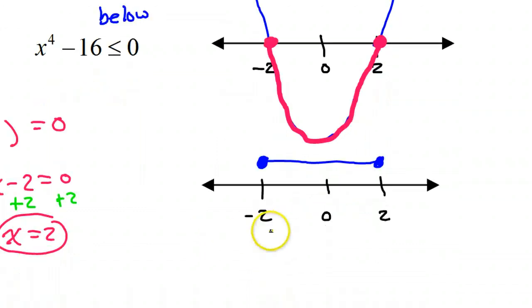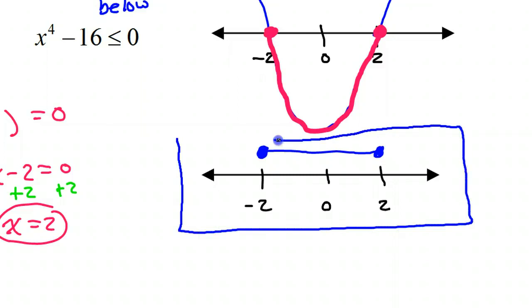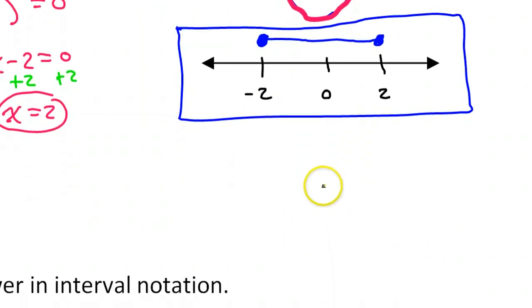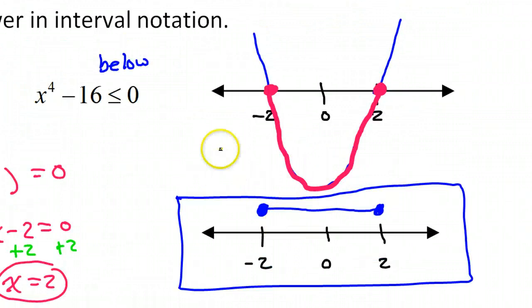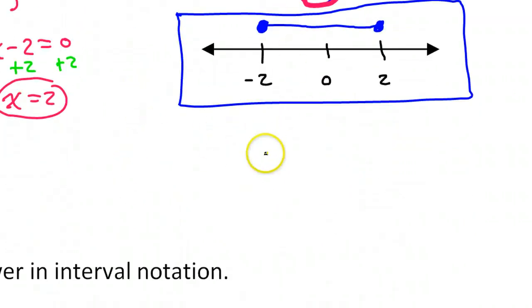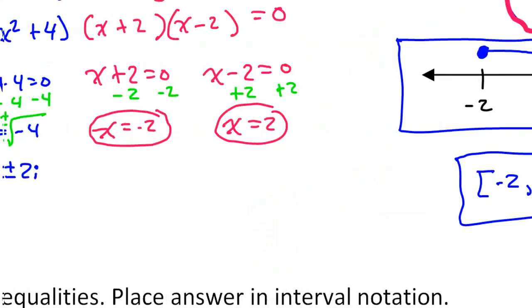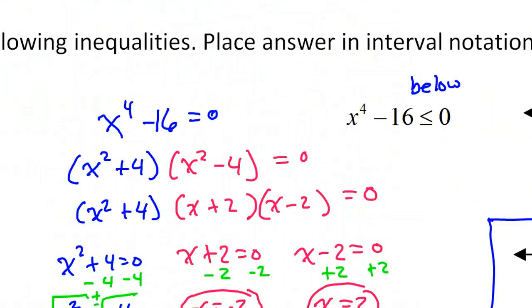So this would be a graph of the solution set right here. Now if we wrote this in interval notation, which is what they asked for, it would simply be -2 to +2, and we will use the square brackets to indicate that the endpoints are included.